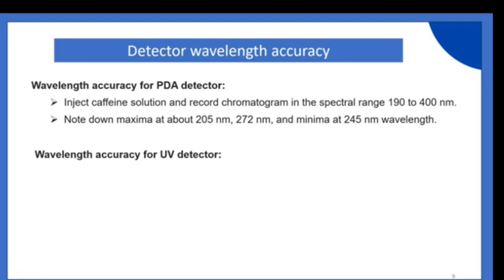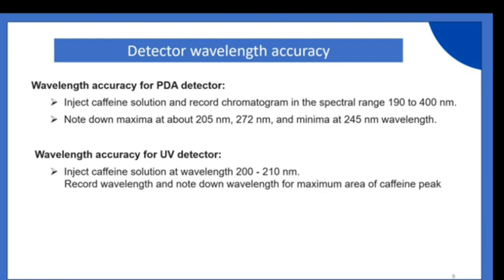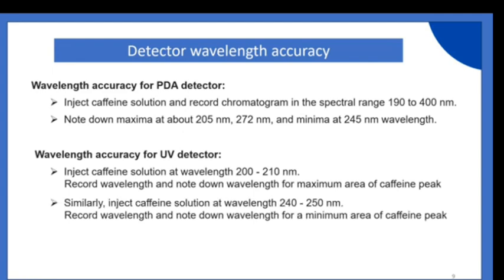Next is wavelength accuracy for UV detector. In this, you have to inject the solution at each wavelength. So inject caffeine solution at wavelength 200 to 210 nanometer, record for each nanometer and note down the wavelength for maximum area of caffeine peak.